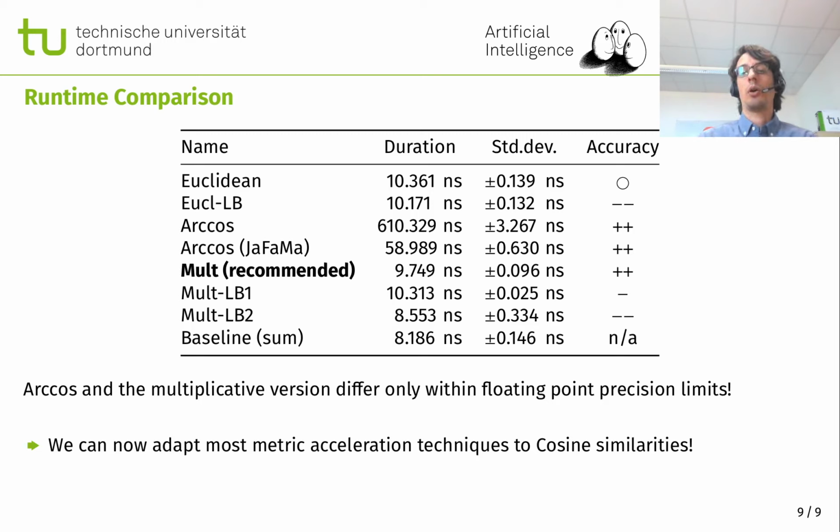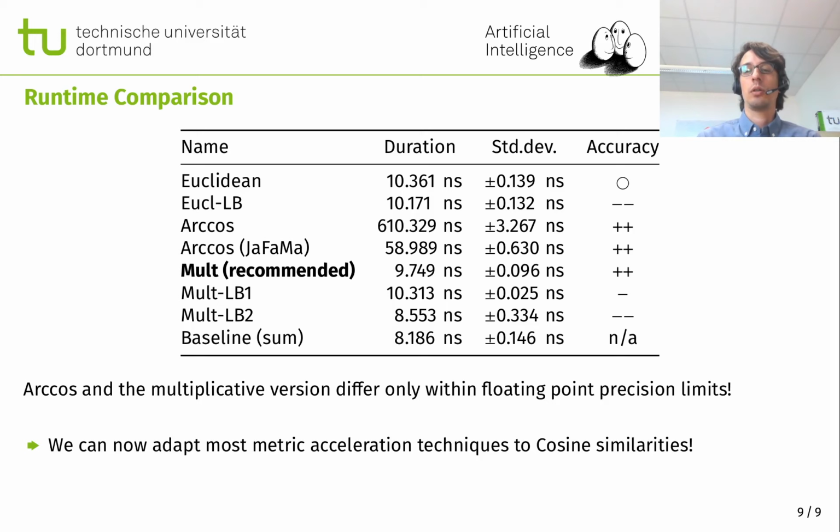The lower bound that we obtained is slightly cheaper, but much worse in accuracy. But if we go for the arccos-based version, then we are 60 times slower. 60 times slower is quite substantial, despite having a good accuracy.